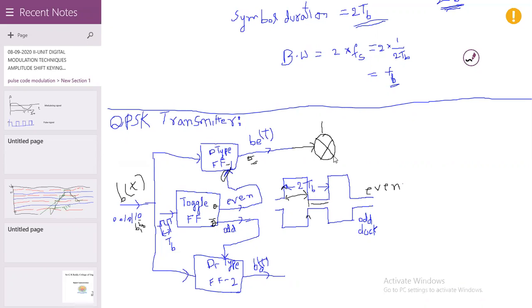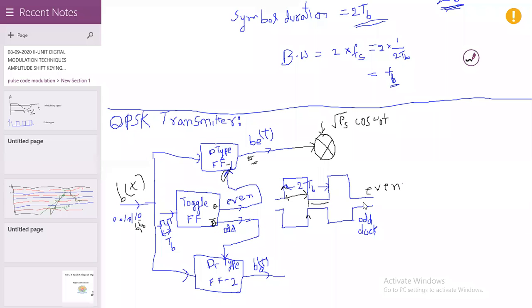Any multiplier has two inputs. One input is a data bit, another one is a carrier signal, root of Ps cos omega naught t.